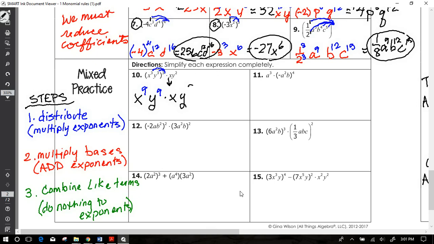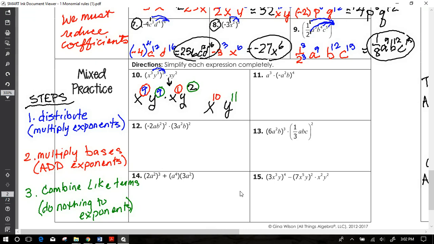Okay. Now this is all being multiplied together. So when I am multiplying bases, I am adding the exponents, okay? So 9 and 1 gives me 10 x's. All right, and now I'm going to do the same thing with the y's. 9 and 2 gives me 11 y's.